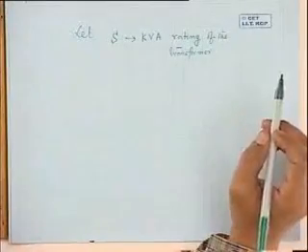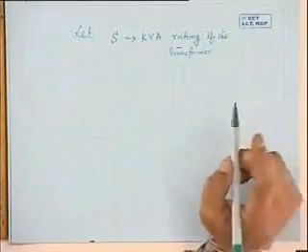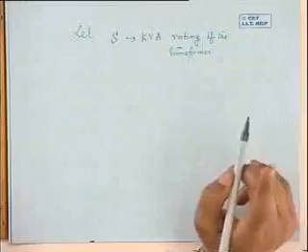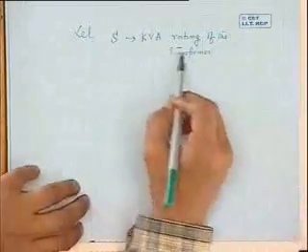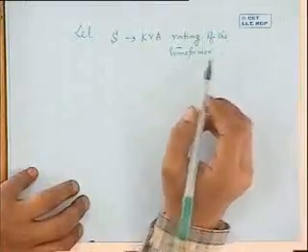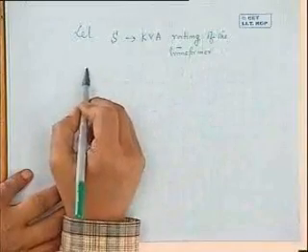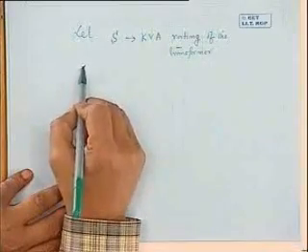So let S be the kVA rating of the transformer. It is kVA which will decide the winding current, not how much kilowatt it is delivering. That is what I am trying to tell. So S is the kVA rating of the transformer.